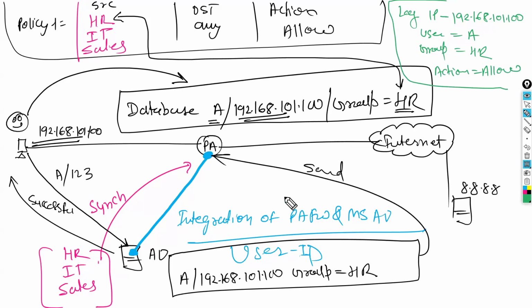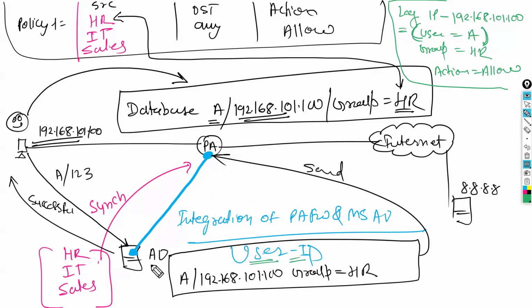Now this thing is more helpful for us. First, with the help of AD integration, we can deploy AD group based policy on firewall. Second thing, in log we can get accurate user information, that who was the user. Got it? So simple. What is user ID? It's simple.